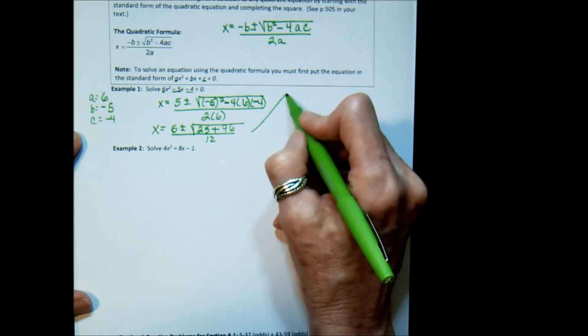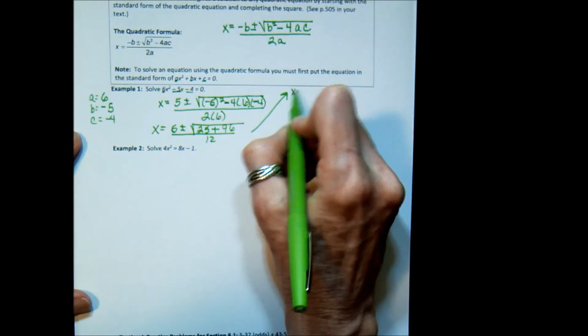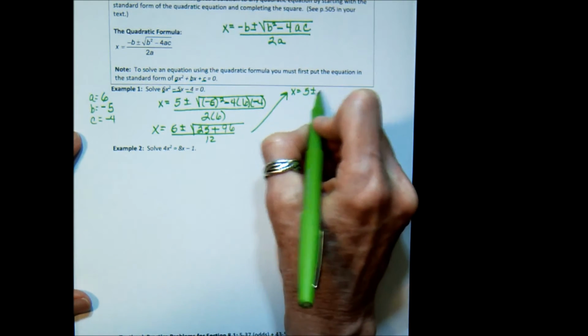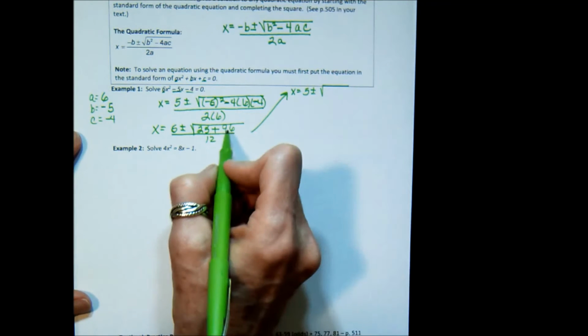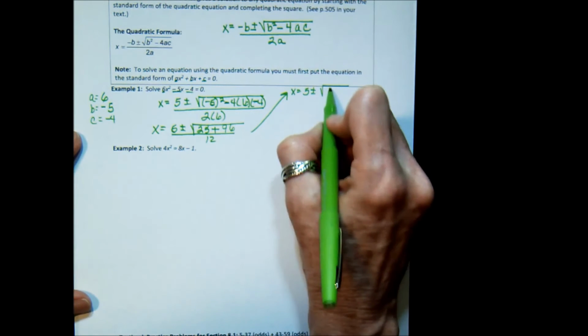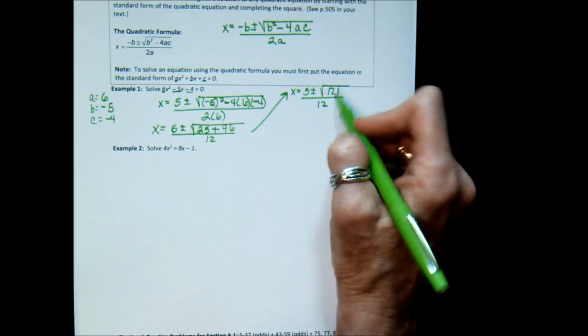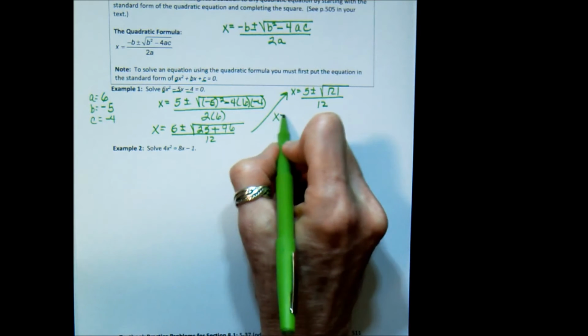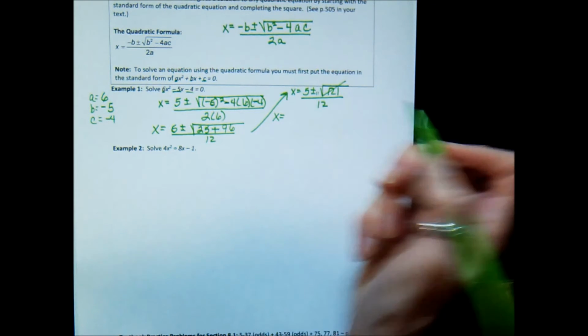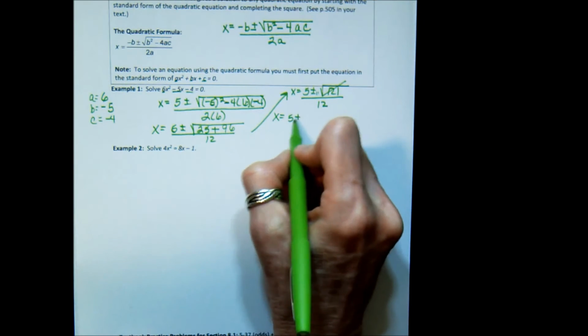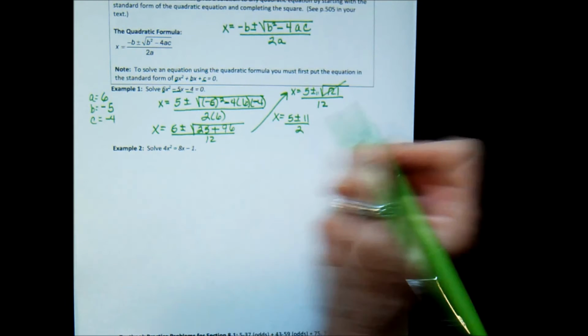Let's bring this up here. X equals 5 plus or minus the square root. If you add those, you get 121 all over 12. But square root of 121, that's a perfect square. So x equals, take the square root, which is 11, 5 plus or minus 11 over 12.